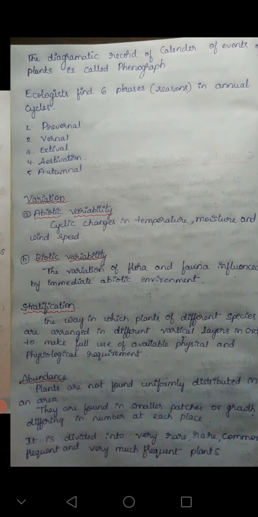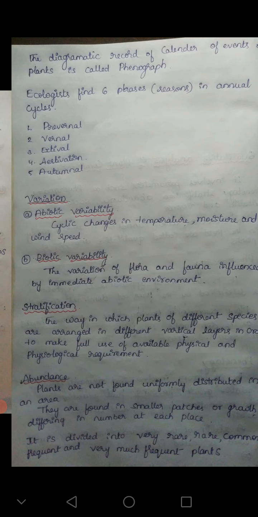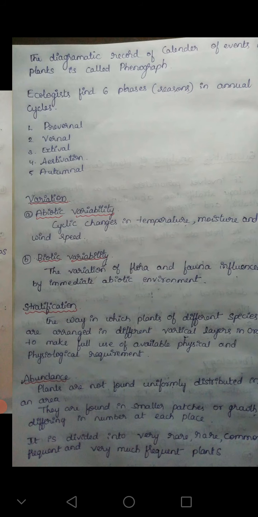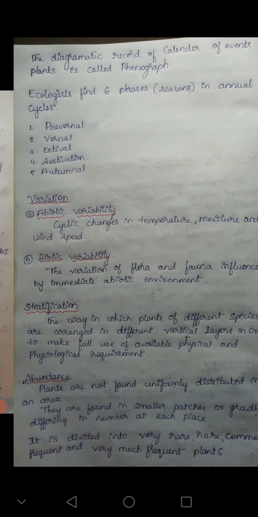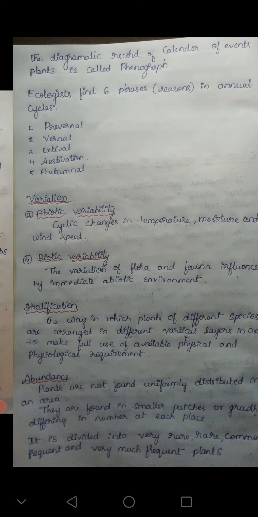In S2, the plants are found in small groups. S3, found in small scattered patches. S4, the plants found in several bigger groups. Fifth one is S5, the pure population in a large area. Example, forest land.